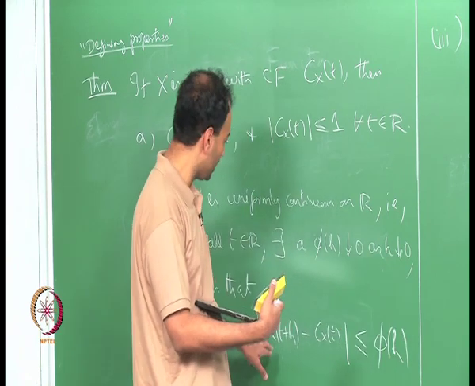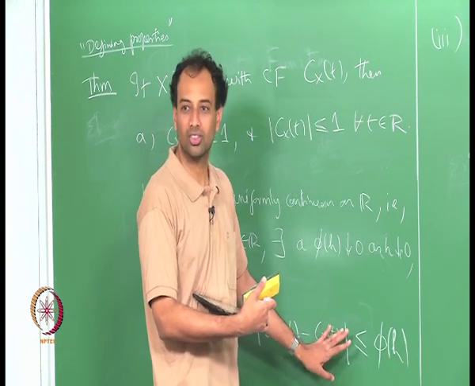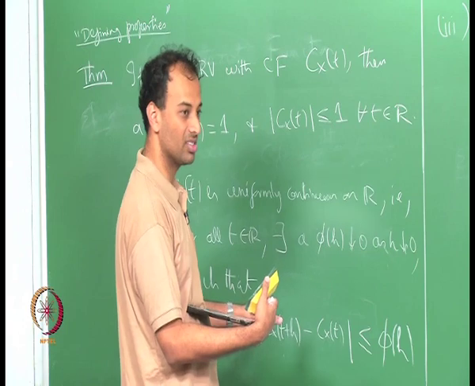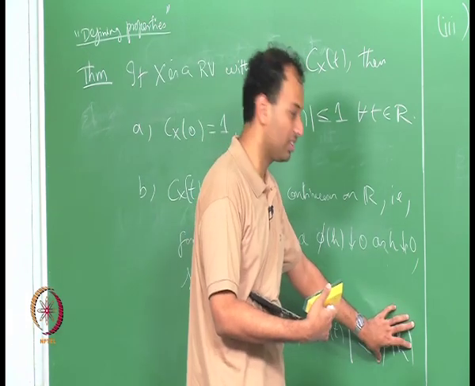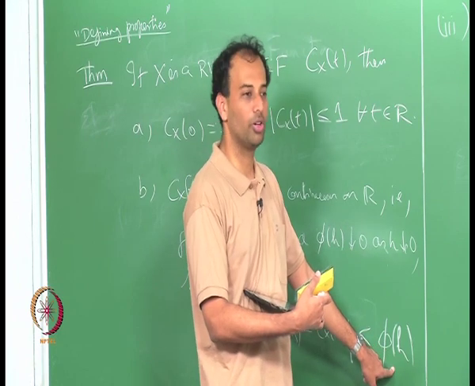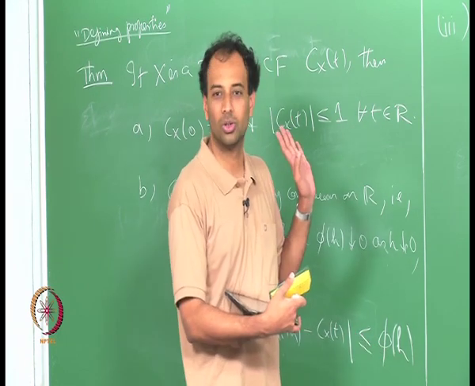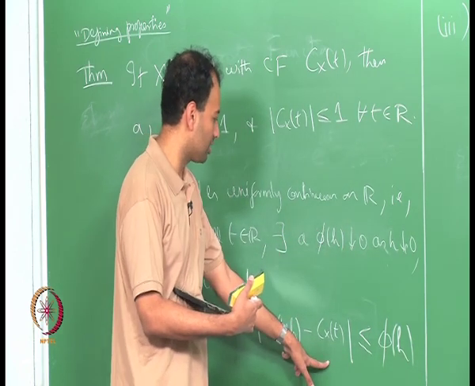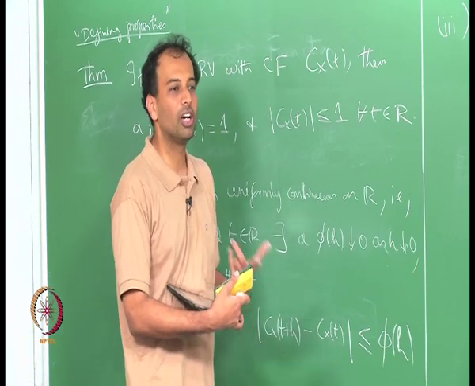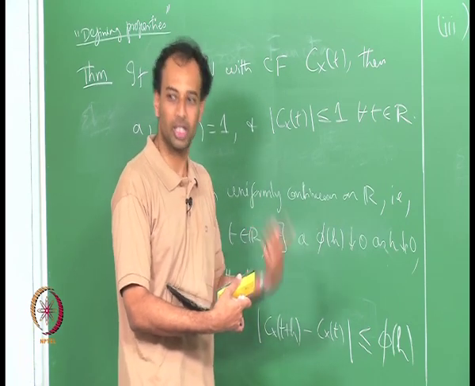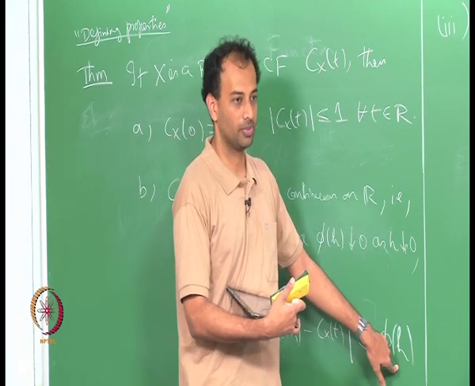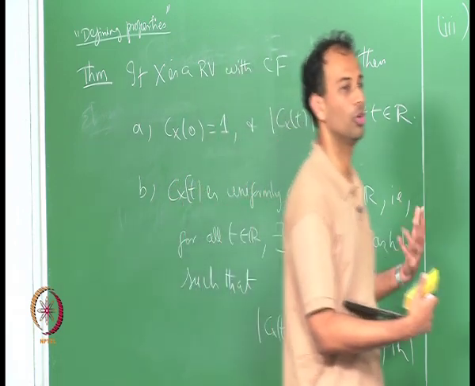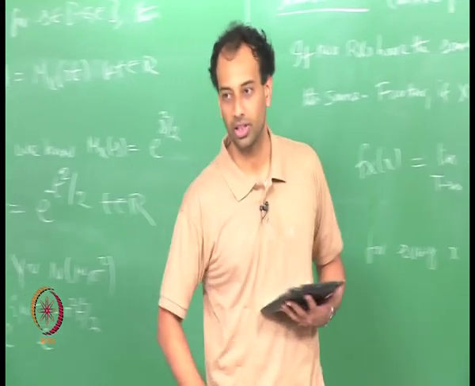Normally you only need that this difference goes to 0 as h goes to 0, but here you are demanding that no matter what t is, you can choose a phi of h such that this difference is uniformly bounded above by phi of h, and this phi of h is a function that goes to 0 as h goes to 0. Okay, in some sense you are saying that this difference itself does not depend on the value of t, it is irrespective of the value of t, it is bounded above by some phi of h. That is stronger than a continuous function, saying more than continuity, it is called uniform continuity. Okay.